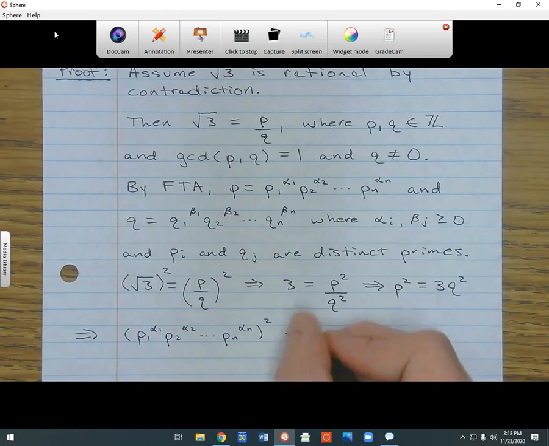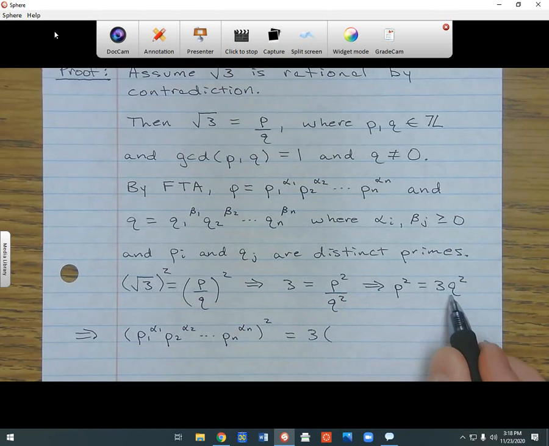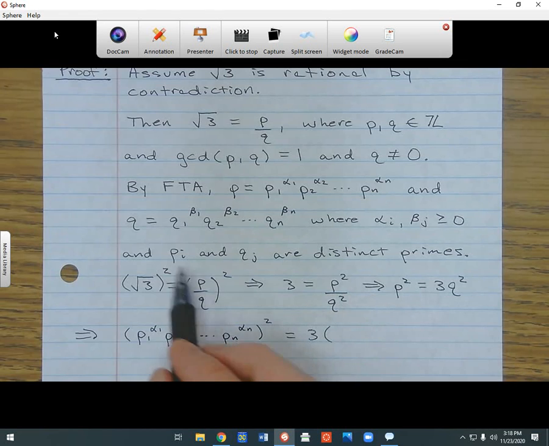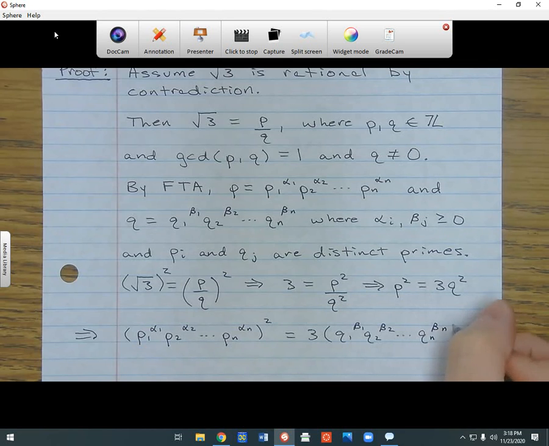So I'm going to have a 3, and then on the inside I'm going to put q, which is q1 to the beta 1 power, q2 to the beta 2 power, all the way to qn to the beta n power. So this whole thing is going to be squared as well, because this q is squared.